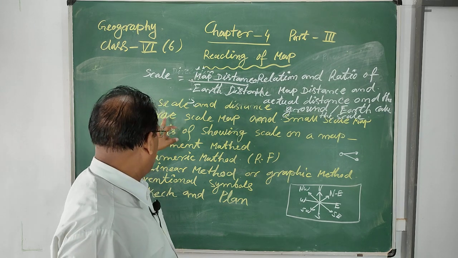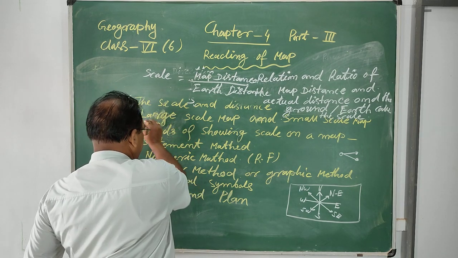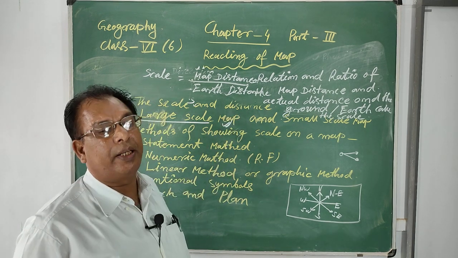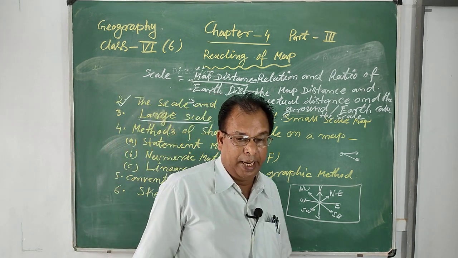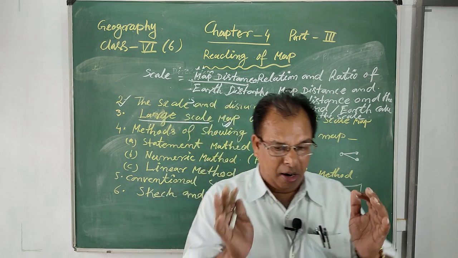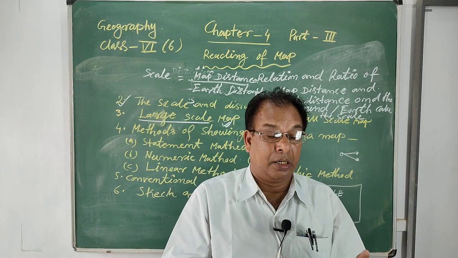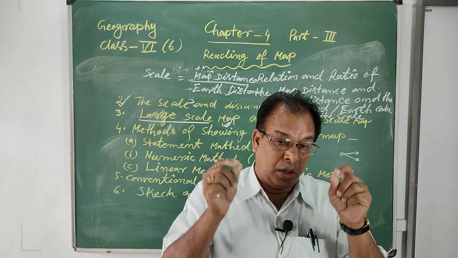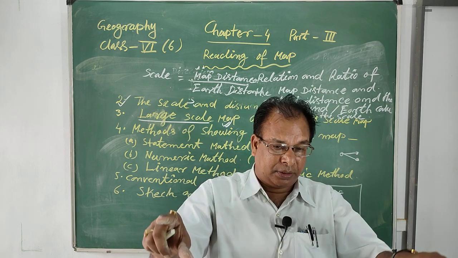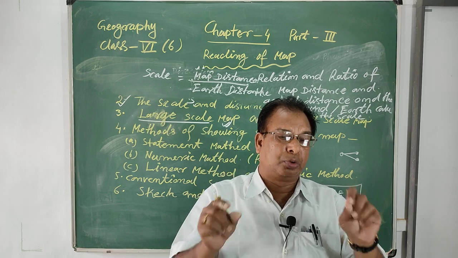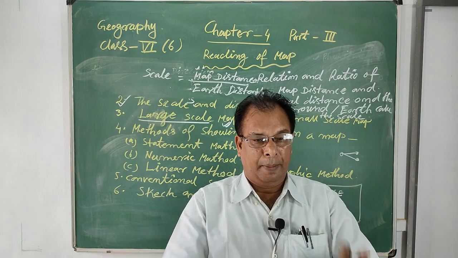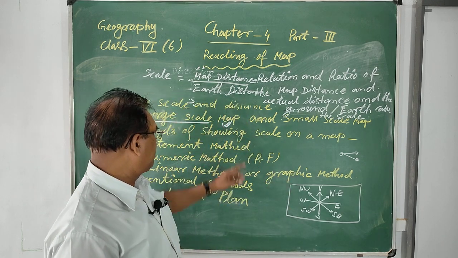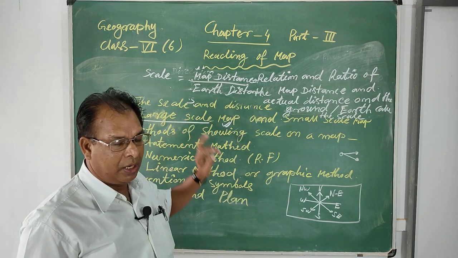So, a large scale is used for mapping small areas. When you have a small area or a field, a level of land, and you want to show it on the map, then you will use the large scale.